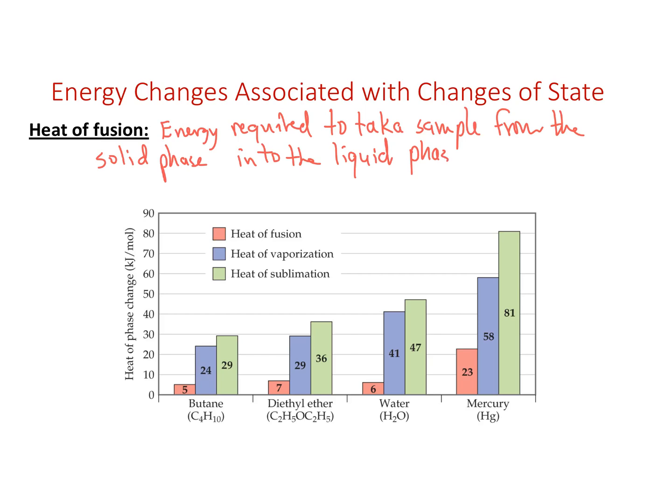And that's represented in the chart below as the little red bar. So here's the heat of fusion for butane. It's approximately 5 kilojoules per mole. Diethyl ether is a little bit higher. It's 7. Water is approximately 6. And then mercury would be 23 kilojoules per mole, required to take those from a solid into the liquid form of that molecule.